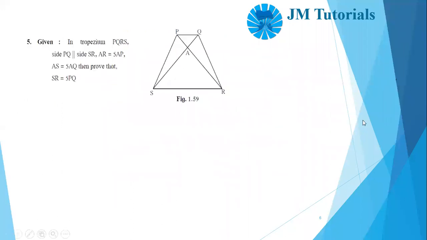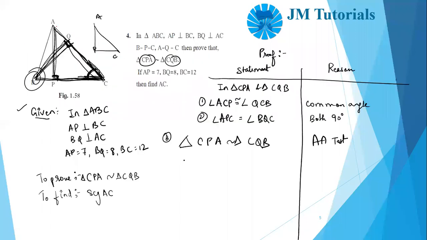Now everyone, I want to write the one-to-one correspondence. So CP upon CQ is equal to PA upon QB is equal to CA upon CB. Okay. CSST. For now, I'm writing only the short form.